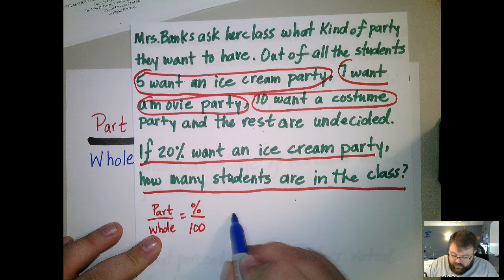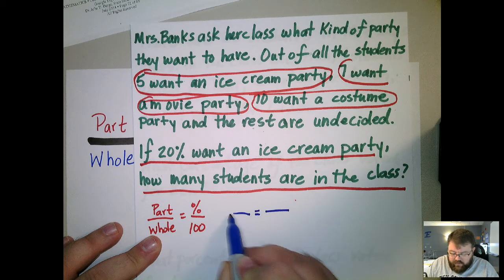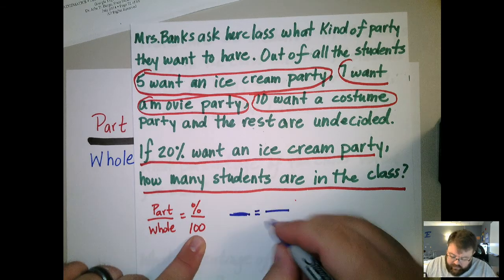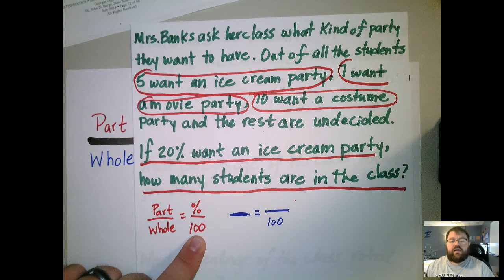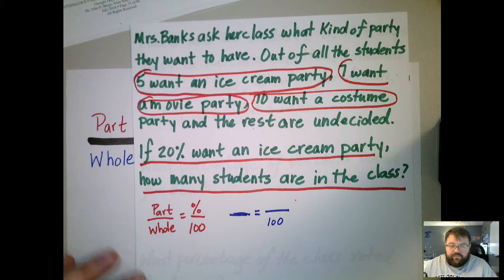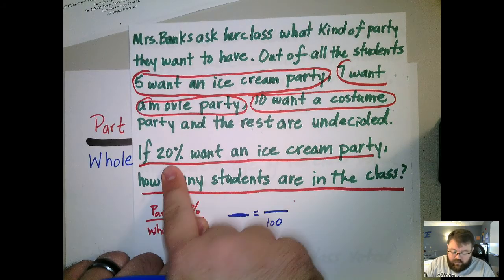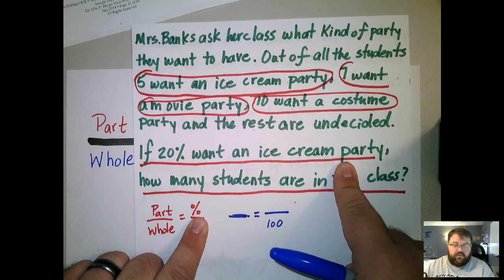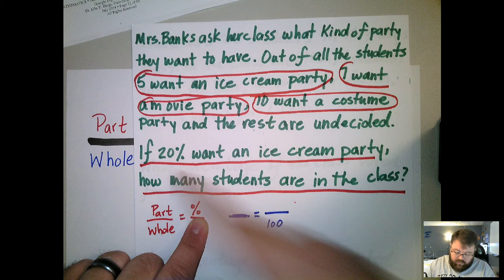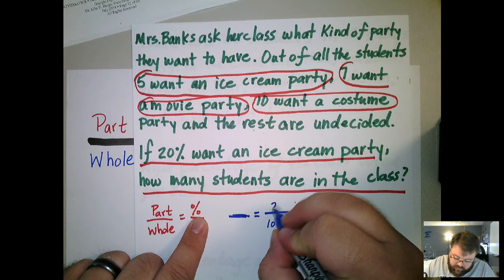Remember, line equals line. That's how I start these. I start them by going ahead and putting in the 100 in its place because I know that it will always be there. Next, I look for percent. If 20% want an ice cream party, all right, so I'm going to know that the 20% goes on top of the 100.